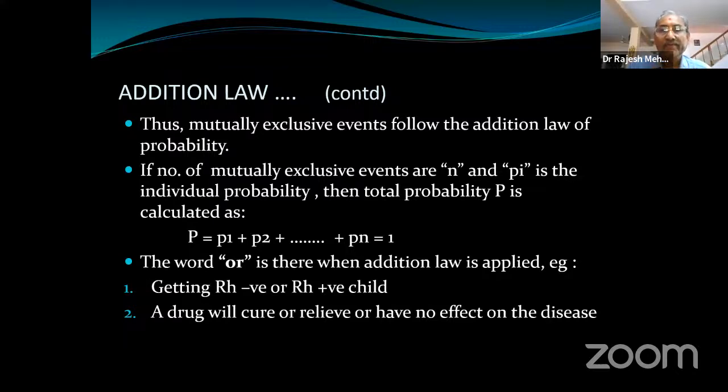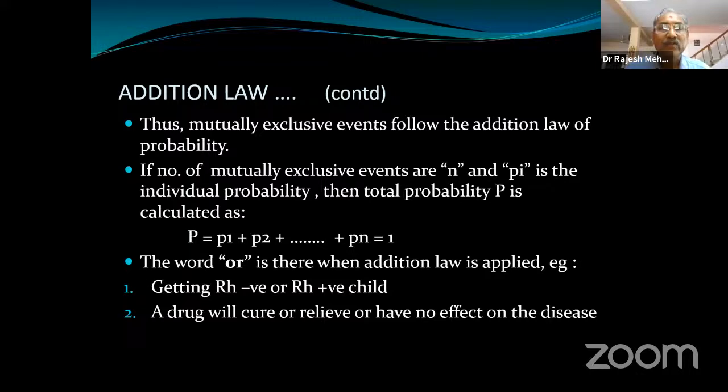If someone asks you what is the probability that the patient is cured or died, then you will have to add the individual probabilities, because here the word is or, so you are adding and increasing the total probability. Why? Because when you say or, both can happen and you are considering that.